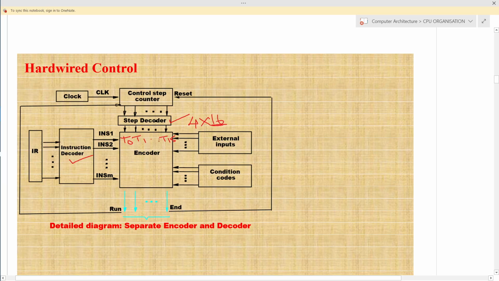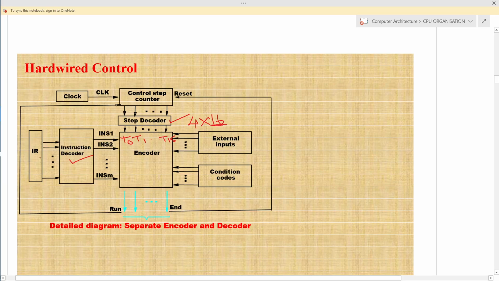And the instruction decoder receives the input from the IR. The instruction register basically fetches the instruction from the memory with the help of the memory data register, and in that instruction some bits are represented as opcode.